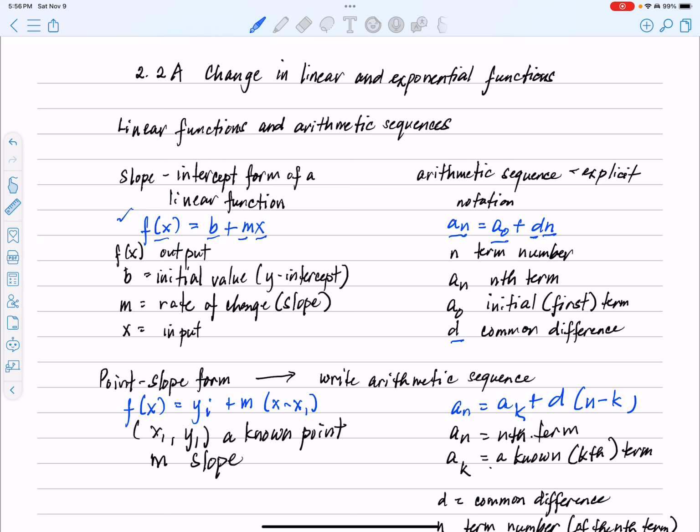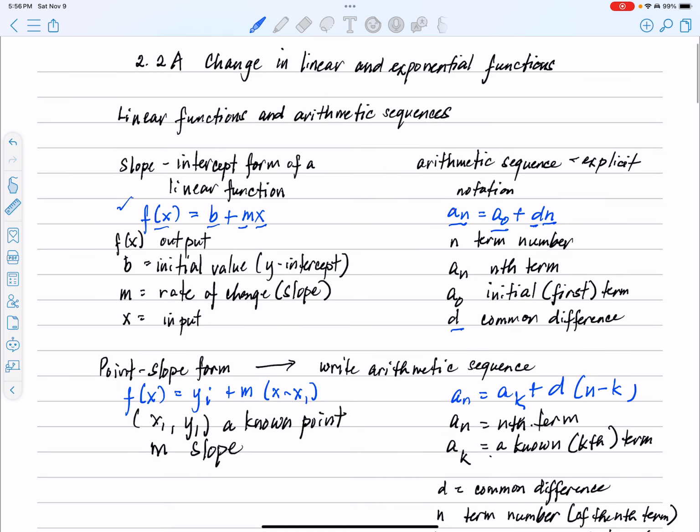If you look at the initial value in the slope-intercept form, b, or you can have a sub o, is for the initial value. That is where we can see the similarity there.